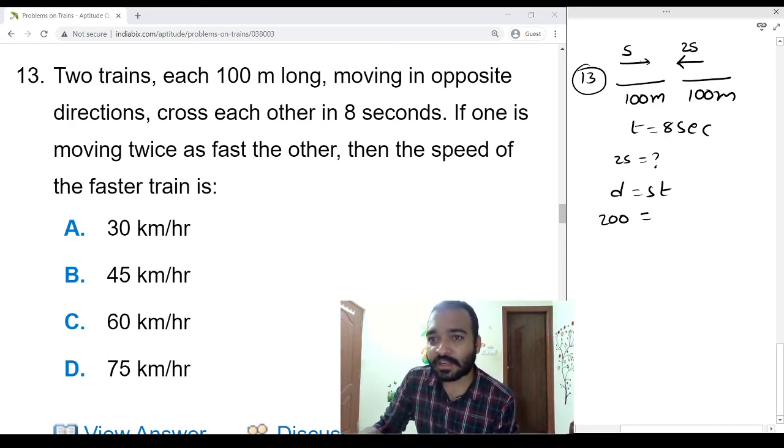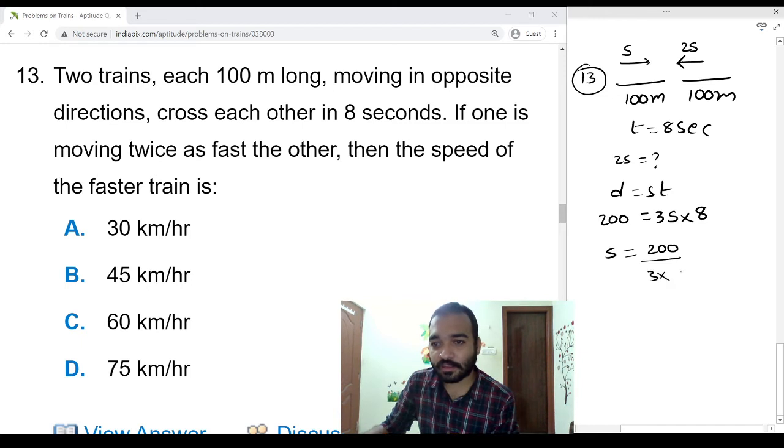Speed is, as both the trains are moving in opposite direction, s plus 2s, that is equal to 3s, into time is 8 seconds. So s equals 200 by 24, that is equal to 25 by 3. This is in meter per second.